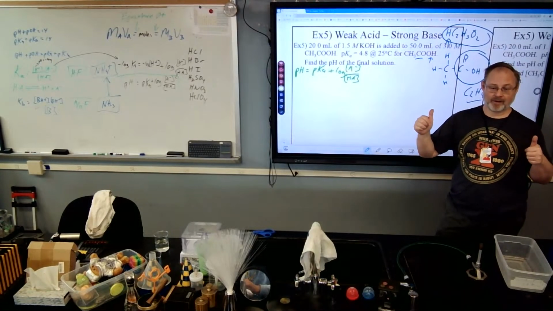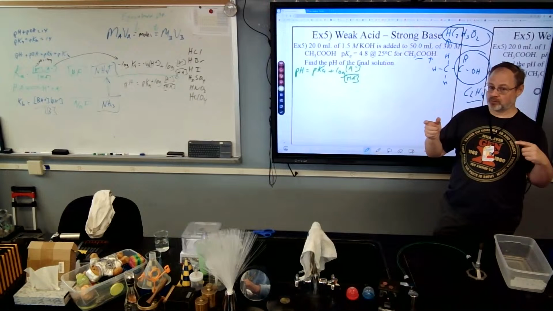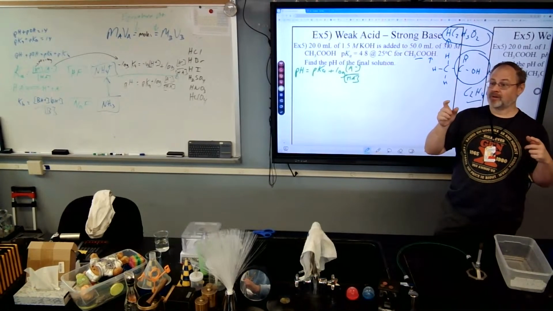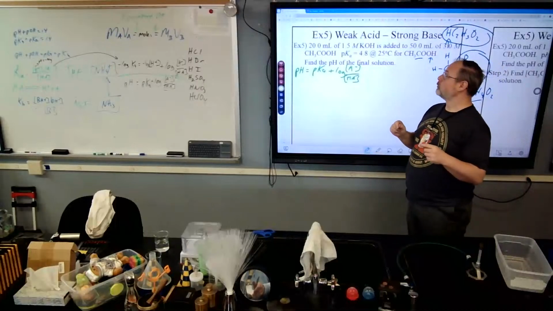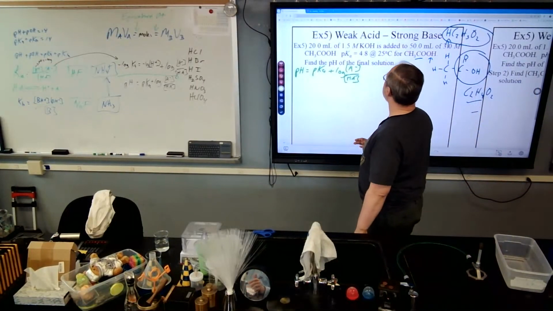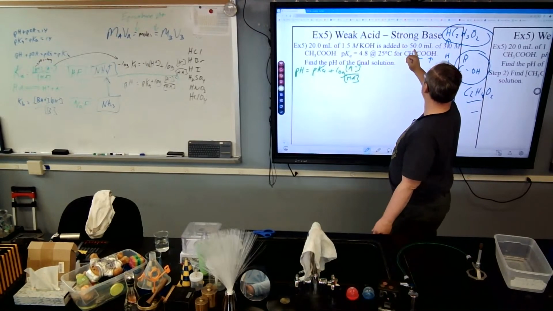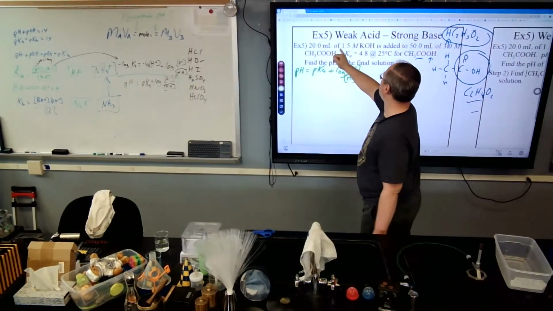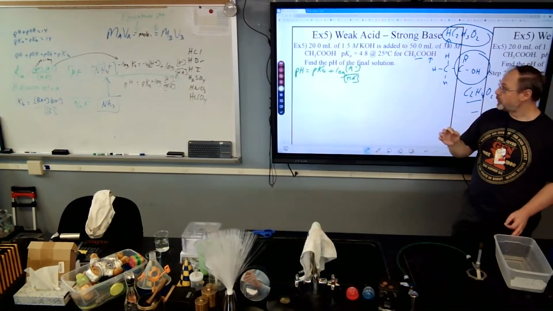It's a weak acid, strong base. And what does the hydroxide do? Takes all the H plus and leaves behind an A minus. So we need to make sure that there is more acid than there is base. Well, 50 milliliters at 3 molar, 20 milliliters at 1.5 molar, there's clearly going to be more acid than base. But here's the beautiful thing.